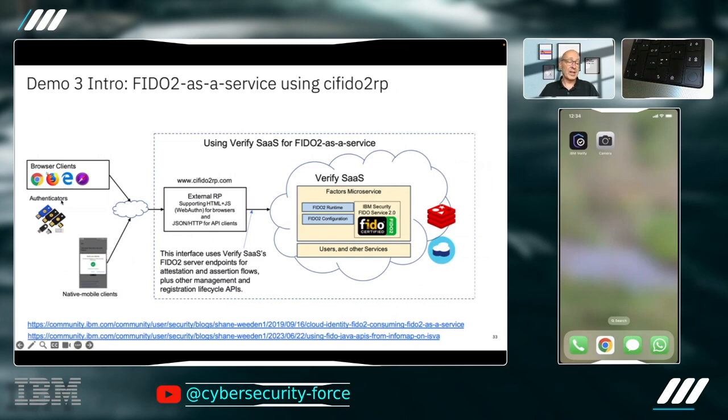So what's happening here is that you have browser clients, they go to this application, and then this application does what it needs to do. It registers you using APIs towards the Verify SaaS. It can create passkeys in Verify SaaS. It can delete passkeys in Verify SaaS, and so on.